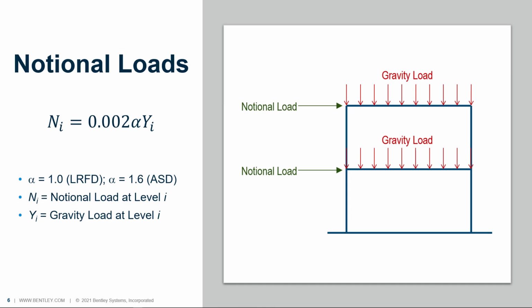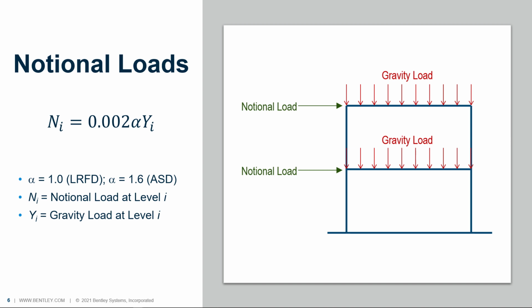Now there's an additional checkbox that would be appropriate for performing a direct analysis, and this is to ask the program to generate notional loads while generating your load combination. Notional loads are basically a portion of the gravity load that will be applied horizontally to the structure. In order to specify this parameter, you will want to calculate your notional load factor.